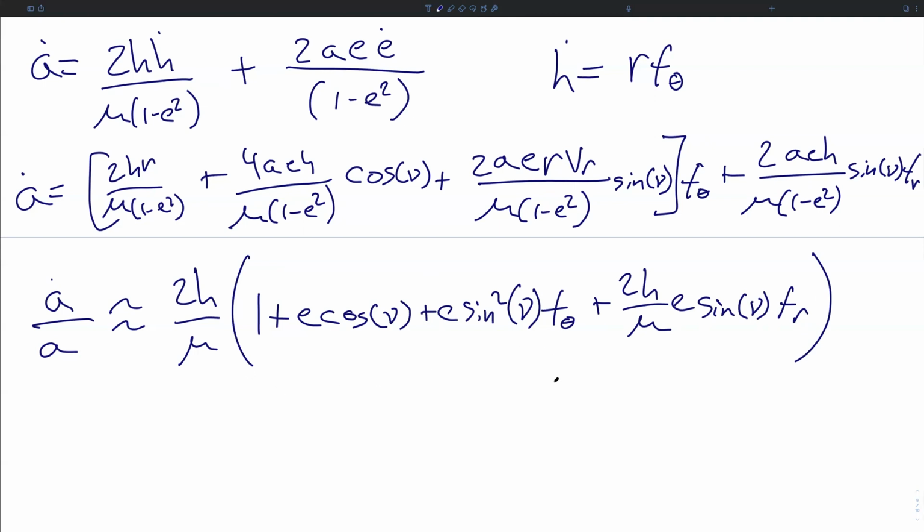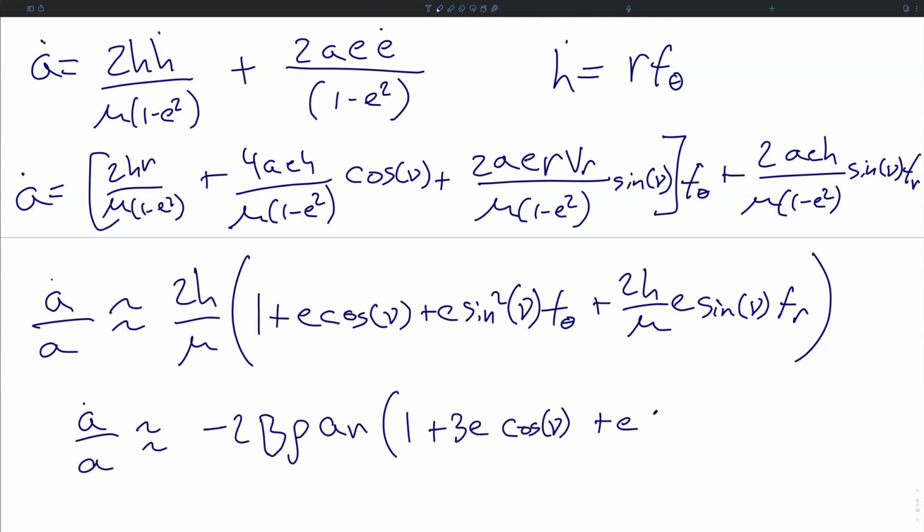If we plug in the particular values of f_theta and f_r for gas drag, we find that in this case, a dot over a is approximately negative 2b rho a times the mean motion n, all times 1 plus 3e cosine nu plus e sine squared nu. And as expected, what we found is that the semi-major axis is also decreasing in time.